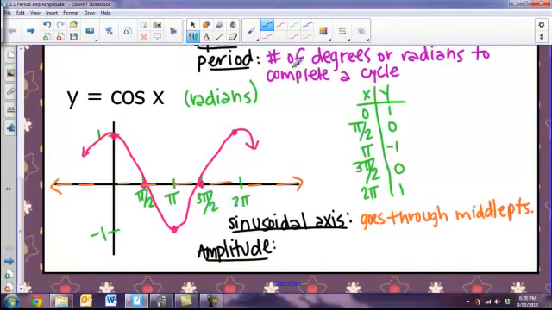The amplitude is basically the distance from the sinusoidal axis to one of those high points or to one of those low points. So it's the distance from that middle line, the sinusoidal axis, to the top or the bottom.